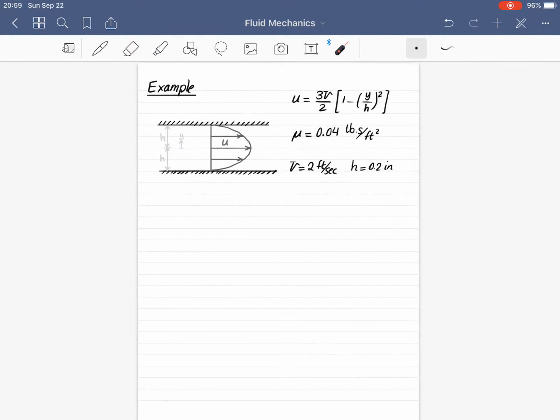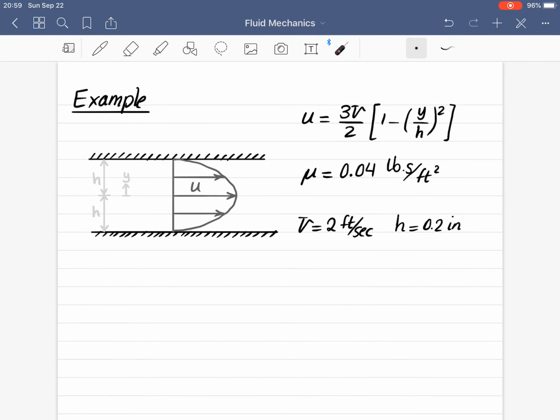We're going to solve 3 problems. And the first problem says that the velocity distribution of the flow of a Newtonian fluid between two fixed plates, these two fixed plates, is given by this equation, where v here is the mean velocity, and the fluid in between these two parallel plates has a viscosity of 0.04.